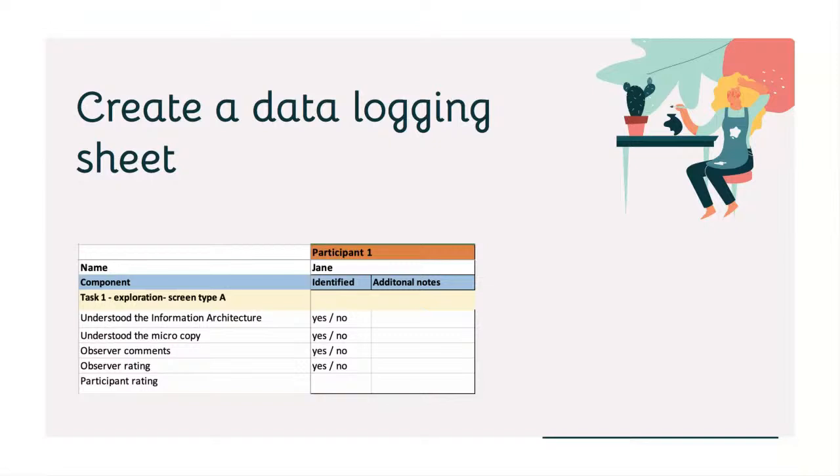Sometimes the moderator will ask the participant, can you tell me the reason why you gave that rating for this task? Then they will elaborate a little more on why they gave that particular rating, so you can write that comment down here. Again, keep in mind that you can edit it in any way that suits you.